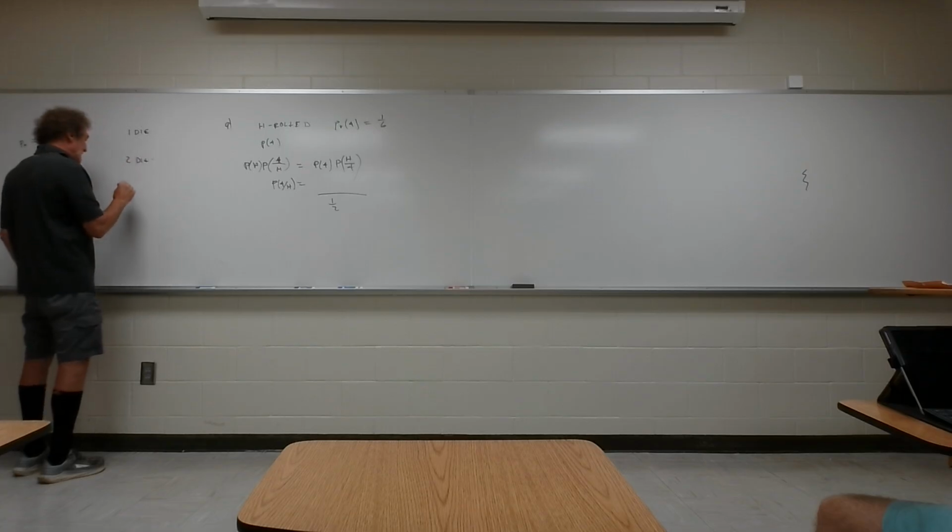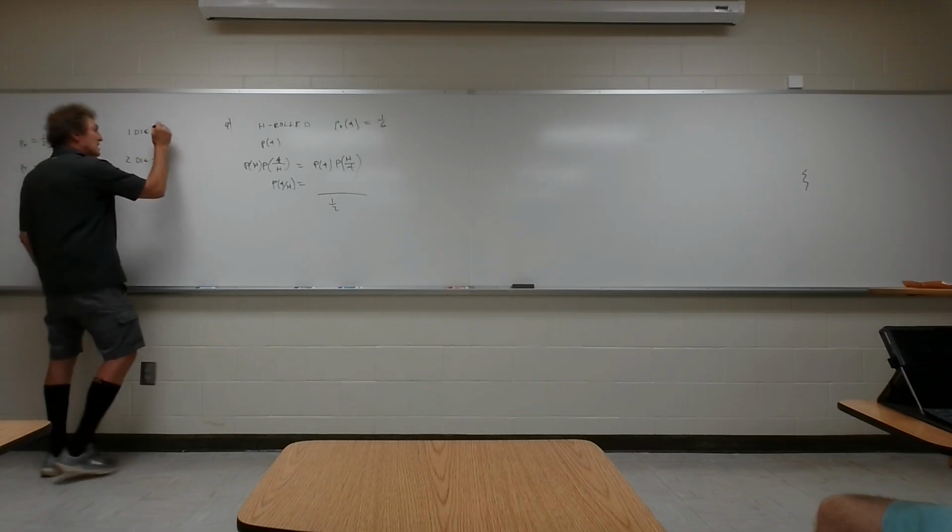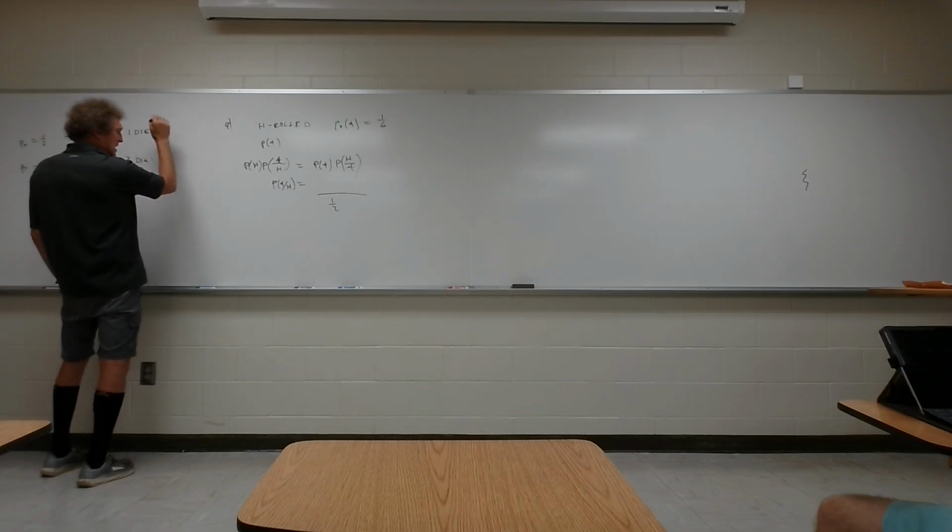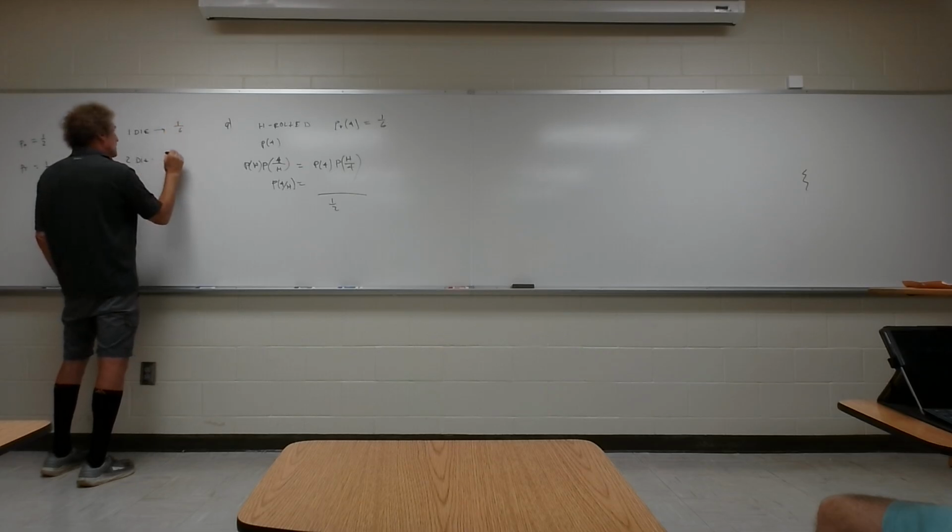So for 1 die, the probability of a 4 would just be 1/6. For 2 die, the probability you could have of a 4 would be 2, 2, 3, 1, 1, 3. So it'd be 3 out of 36.